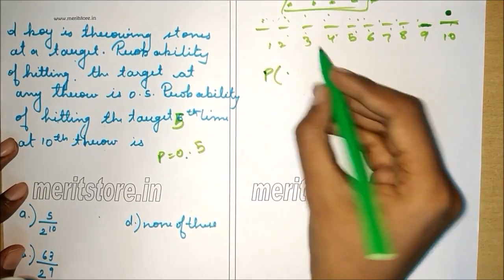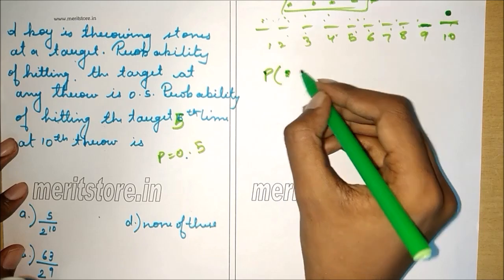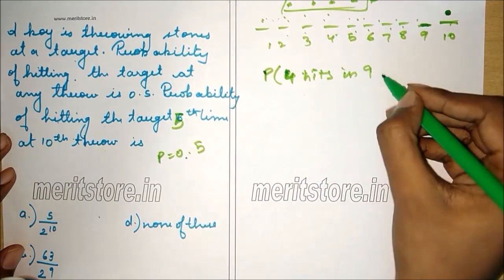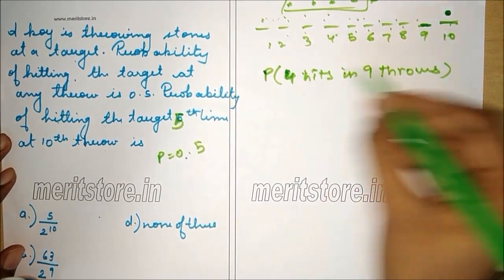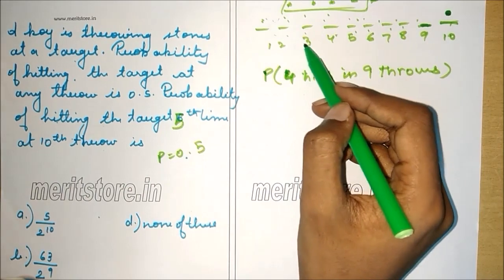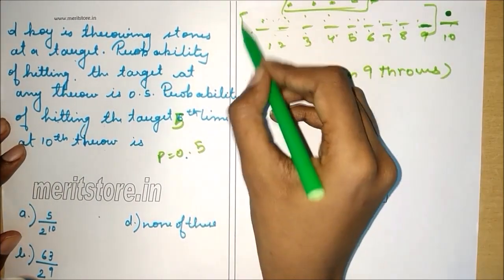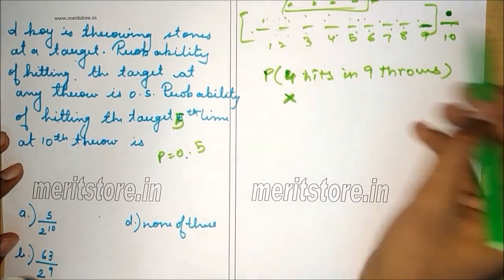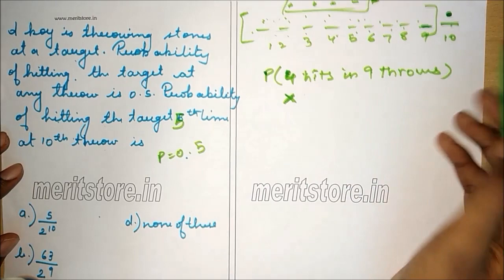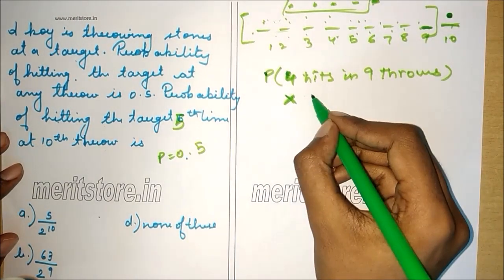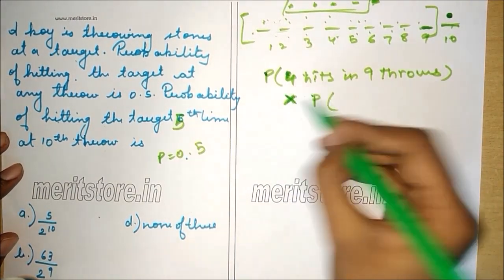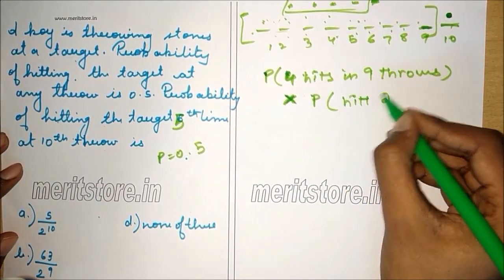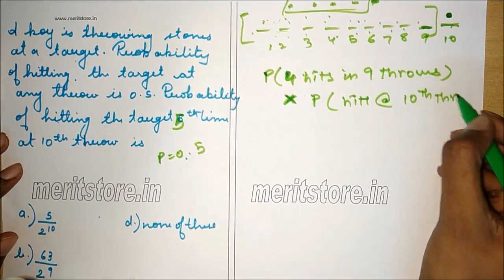P of four hits in 9 throws, that is the probability that there will be 4 hits in 9 throws, into, since this is a simultaneous event, that is both should occur simultaneously, the probability of a hit at the 10th throw.